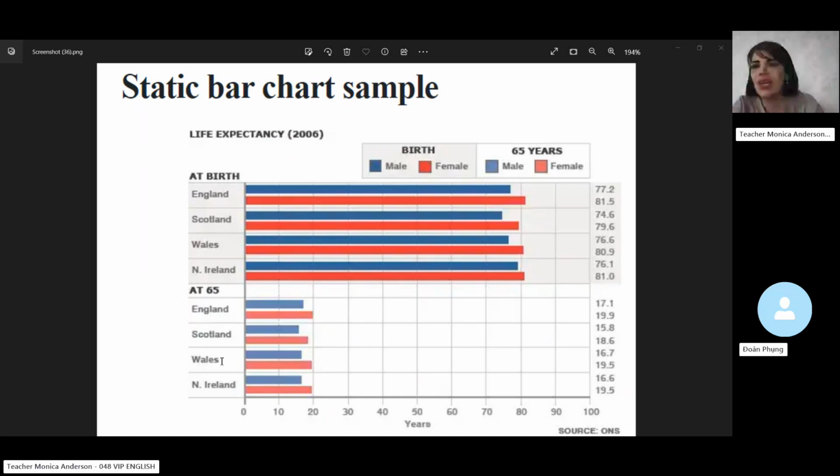Considering male or female, for example, life expectancy from birth. The highest, we need to write, the highest is from where?